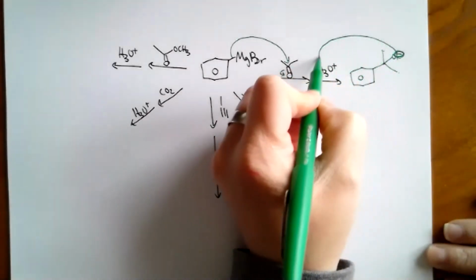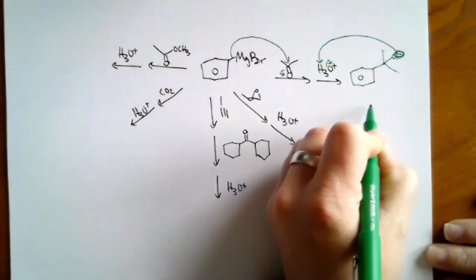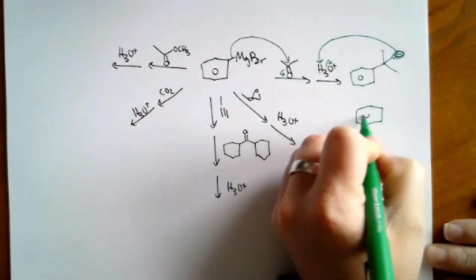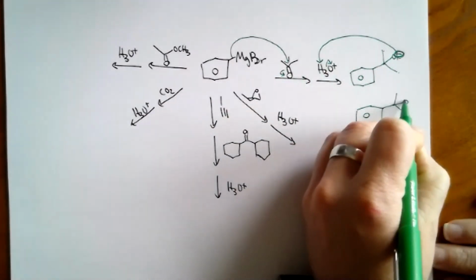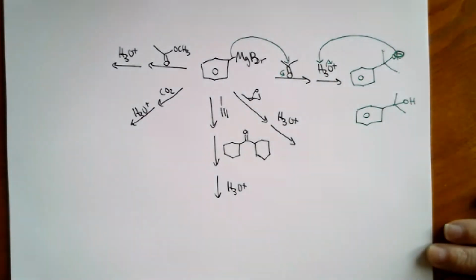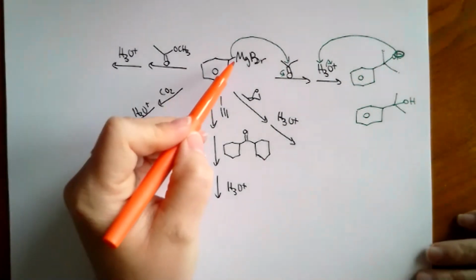Then I protonate my O-, and it's done. I made an alcohol. Grignard attacked my ketone. I made an alcohol.